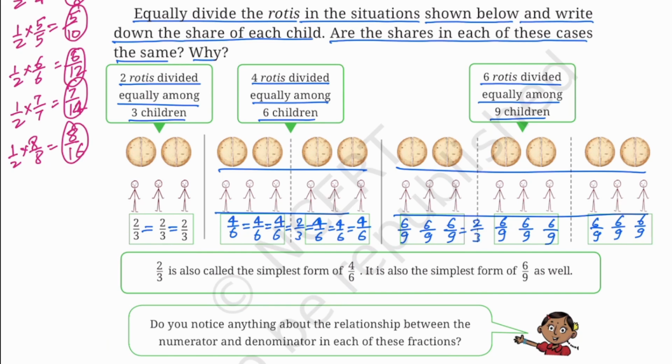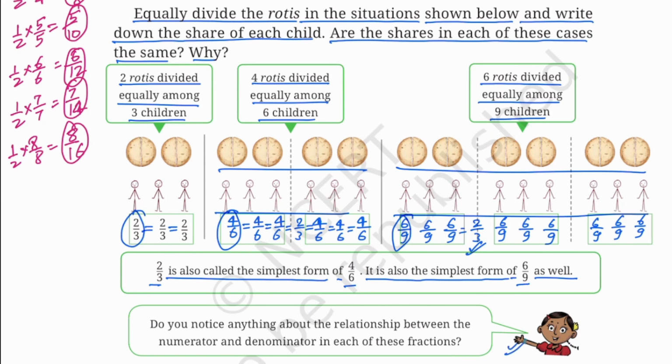When you divide 6 by 3 and 9 by 3, you will get 2 upon 3. So you can say 2 upon 3, 4 upon 6 and 6 upon 9 are equivalent fractions. 2 upon 3 is called the simplest form of 4 upon 6. It is also the simplest form of 6 upon 9 as well.